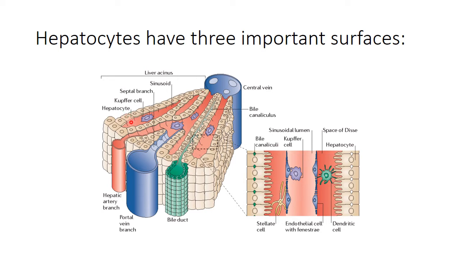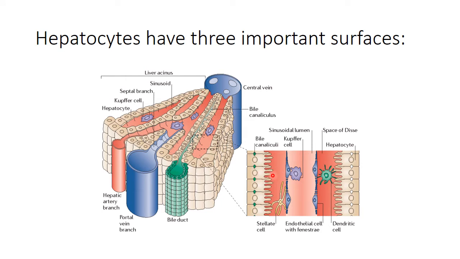It is in contact with the hepatic sinusoid, where the hepatocyte is in contact with the blood. These sinusoidal surfaces are covered with short microvilli that protrude into the space of Disse.